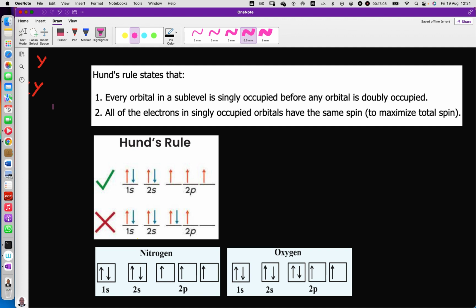We are saying that in filling the orbitals, you must first put one electron in each orbital before pairing. All of the electrons in singly occupied orbitals have the same spin.